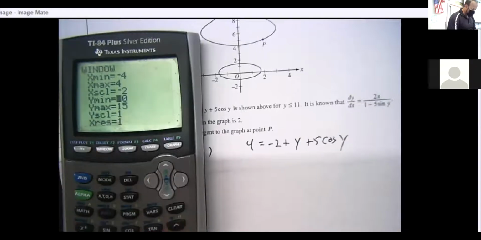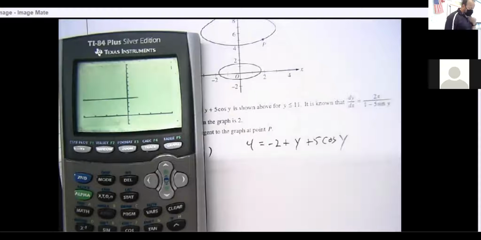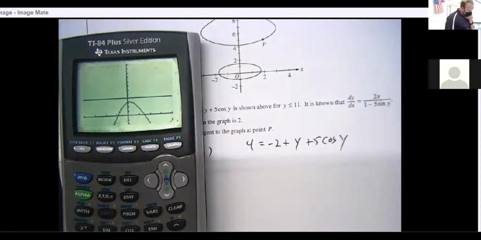Yeah, because I didn't do the negative x. Did that right. Oh, that's why. -2 to about 12. Sounds good to me. So this is what I've got. Maybe. Ooh, hold on. Did I do something wrong?